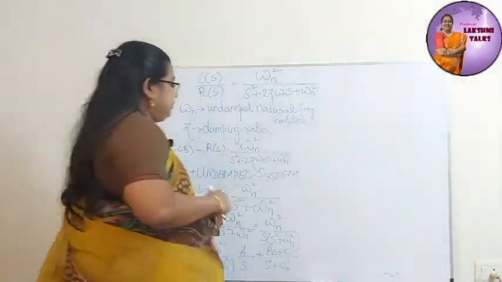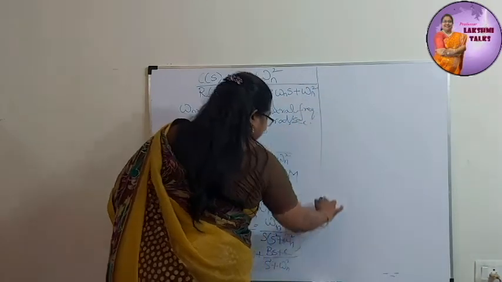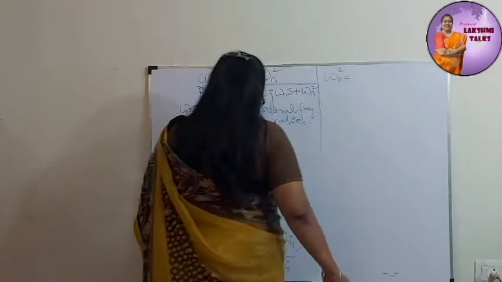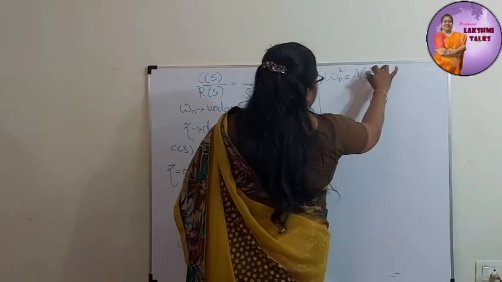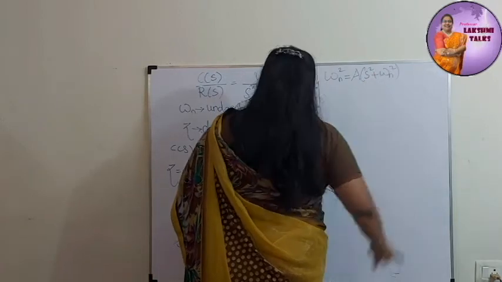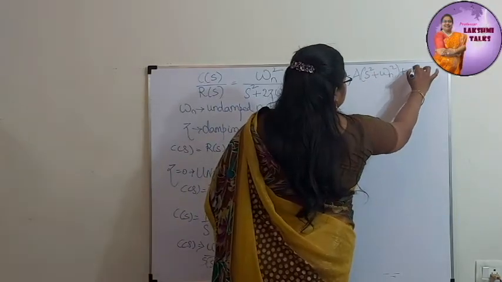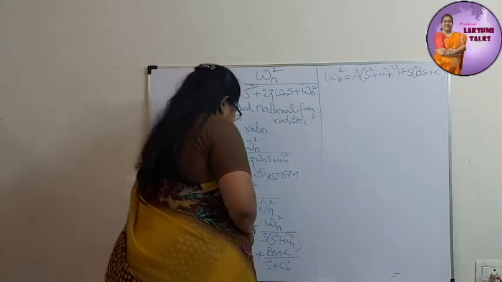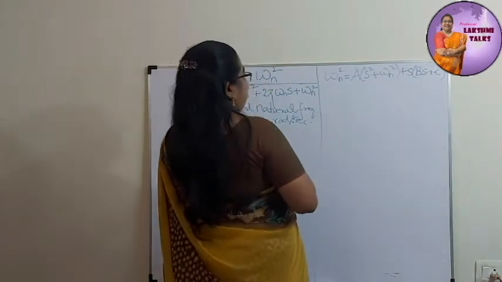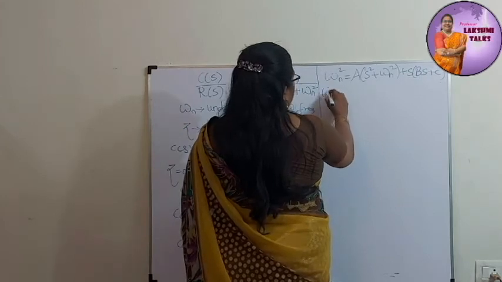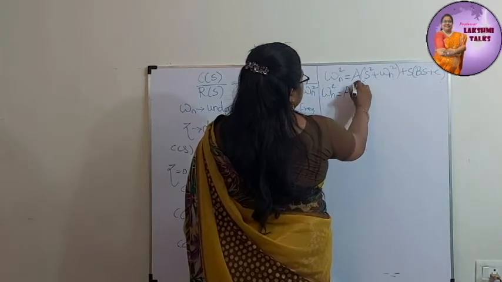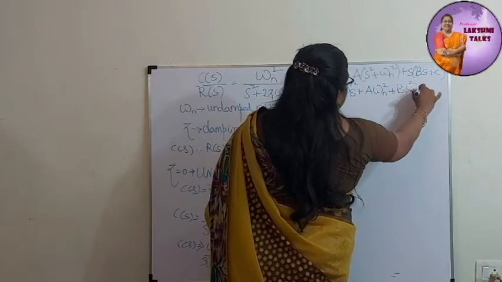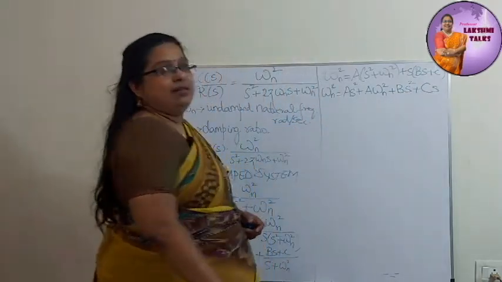So omega n square is equal to A into s square plus omega n square plus s into B s plus C. So omega n square is equal to A s square plus A omega n square plus B s square plus C s.